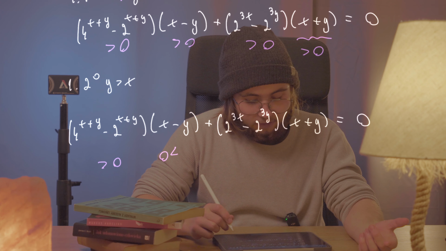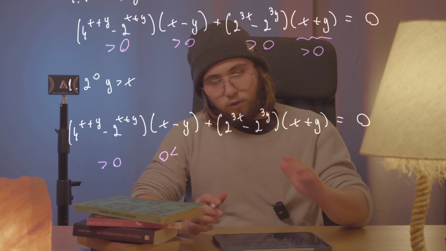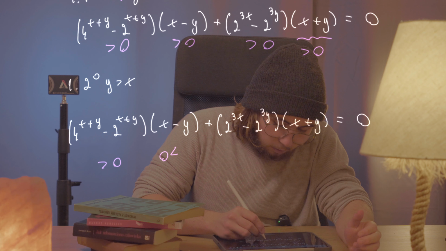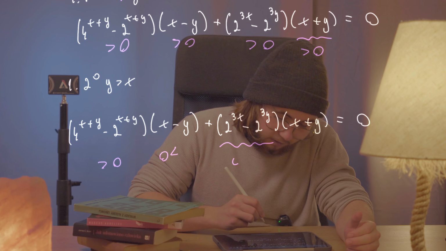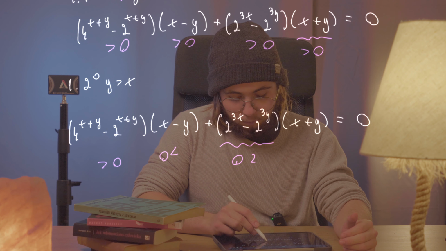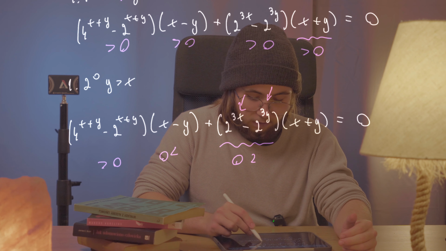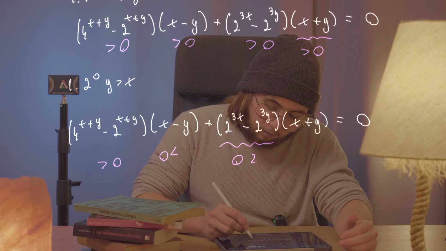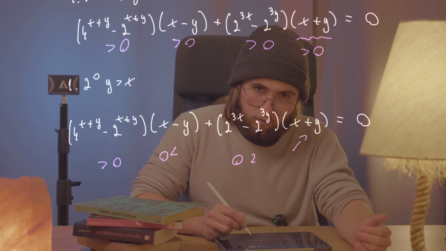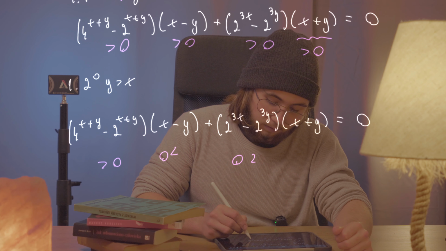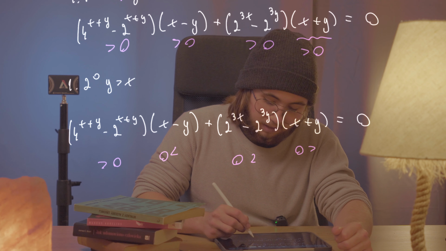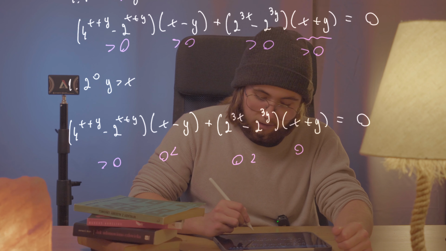However, now, well, you see, 3 to the triple d x minus 2 to the triple d y is also going to be negative, because, well, as you can see, 3 to the triple d x is going to be less than 3 to the triple d y, because y is greater than x. And this thing right here, well, we're just adding two numbers that are positive, and so it's going to be greater than 0.